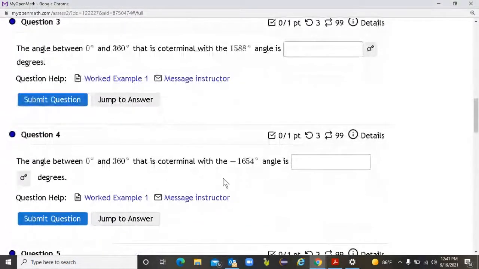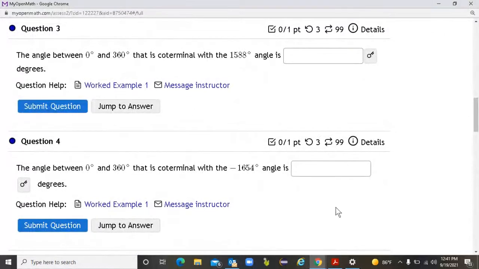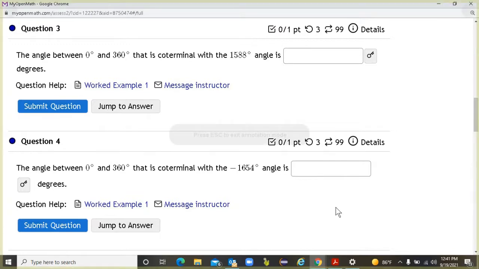So this one, or these two really, we're looking for coterminal. So remember, looking at an angle, for them to be coterminal, the idea is to think of them in standard form. So like this would be a 45-degree angle. And this is called the terminal side of the angle.